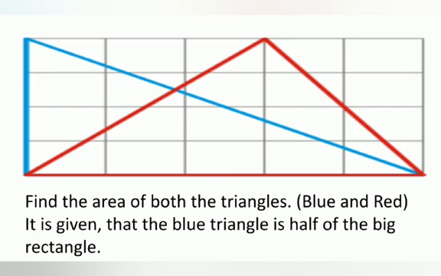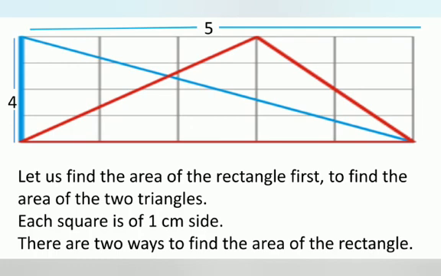To find the area of these 2 triangles, let us first find the area of the rectangle. Each square is of 1 centimeter side. There are 2 ways to find the area of a rectangle.